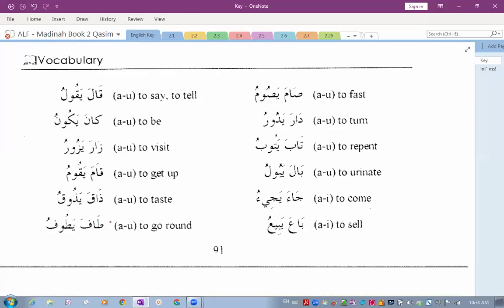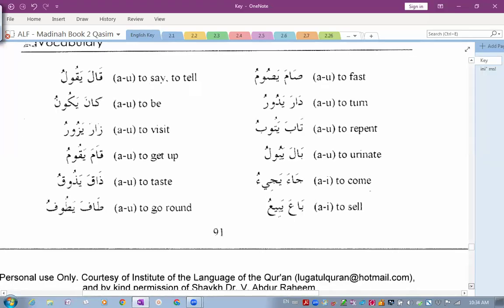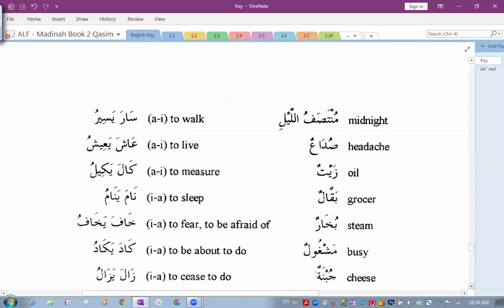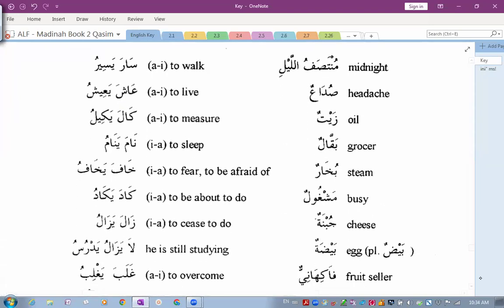I'm just trying to see how many times I have written over here, because many of these are used in the Quran Majid. So there are more on the second page. Sara yasiru, to walk. Asha yaishu, to live. Kala yakilu, to measure. To measure in terms of volume, so you have different kinds of measurements.